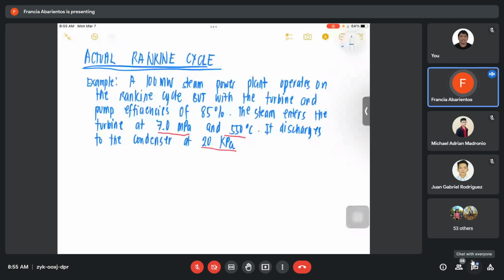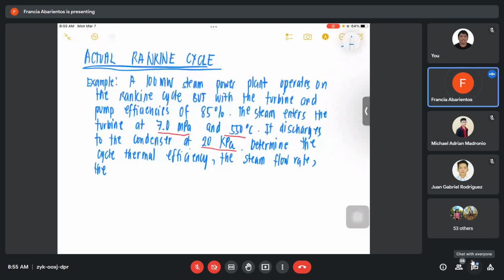So, determine now the cycle thermal efficiency, the steam flow rate, and the cooling water flow rate in the condenser.